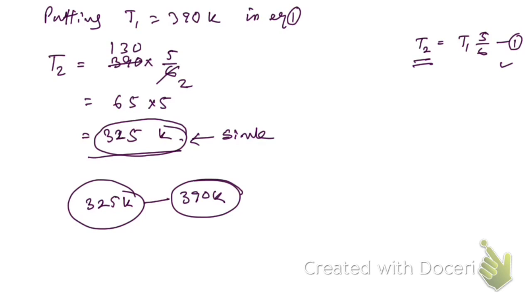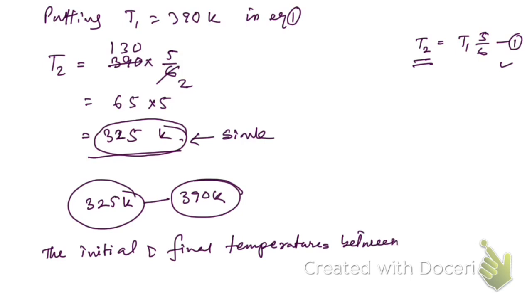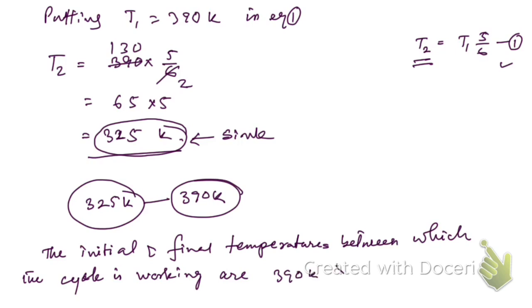the initial and final temperature between which the cycle is working are 390 Kelvin, that is the temperature of the source, and the temperature of the sink is 325 Kelvin.